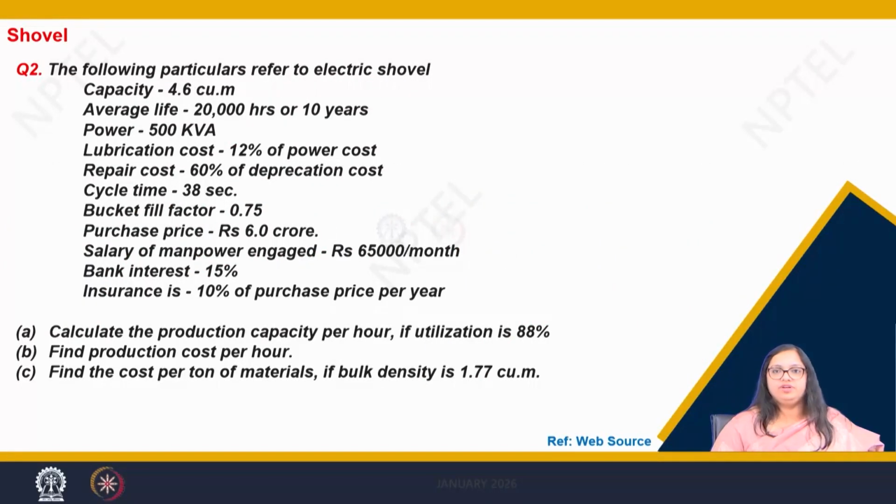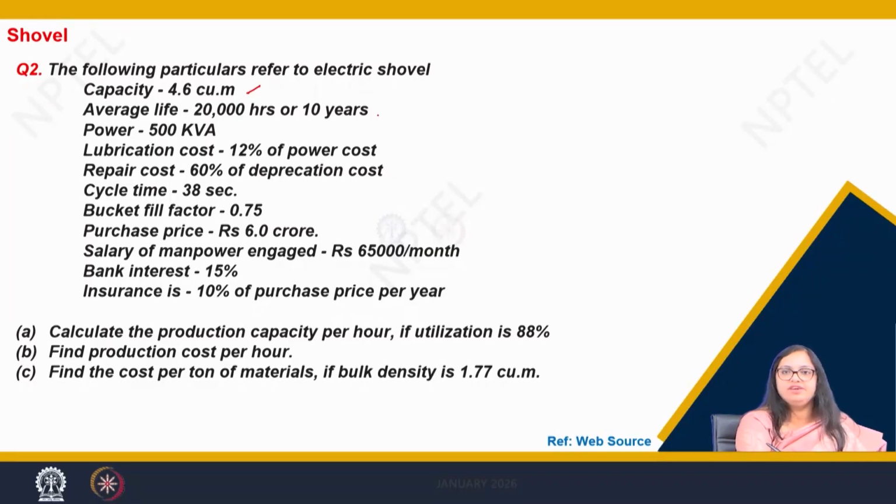Now coming to a different kind of question on the shovel, where we have to calculate the production capacity per hour as we have solved for the last question. Along with that, we will calculate the production cost per hour and the cost per ton of material. So what is this question? This question refers to an electrical shovel whose capacity is 4.6 cubic meter.